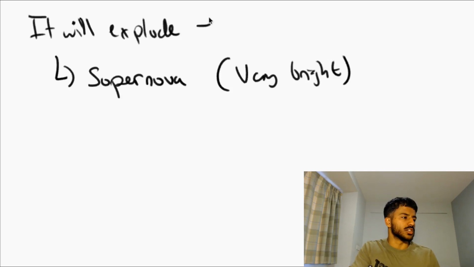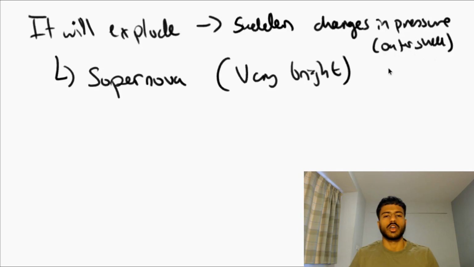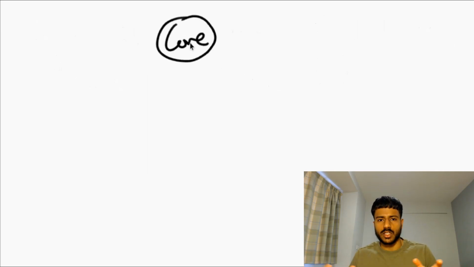And this explosion is due to the sudden changes in pressure, and this is in the outer shell. So the outer shell will explode away. But what happens with the core? Now for these really massive stars, the core can go on to do two different things.